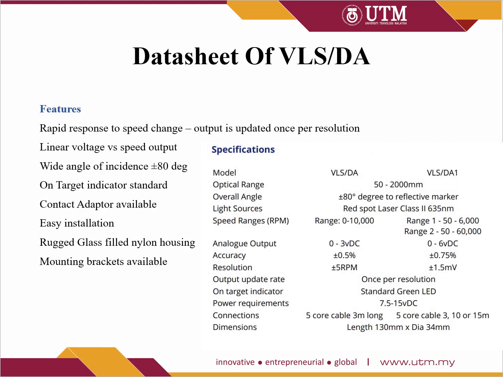For the speed we select the VLS-DA type of speed sensor. The range of speed is up to 6000 RPM, and here we have the accuracy and the voltage.